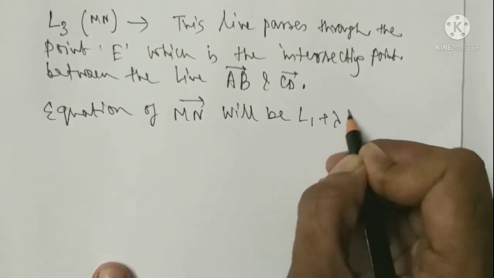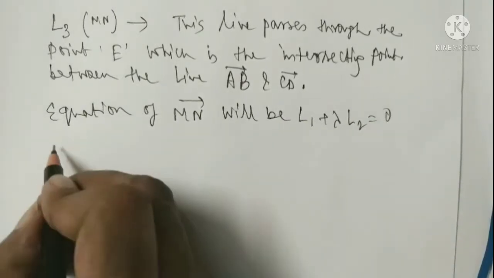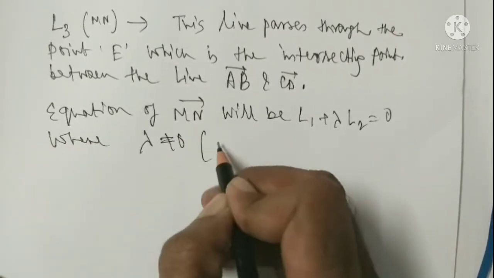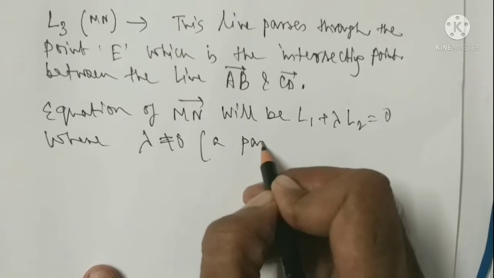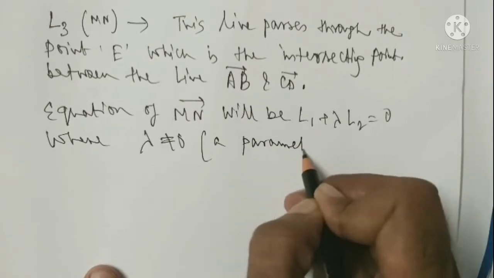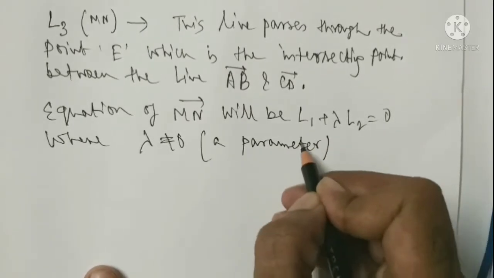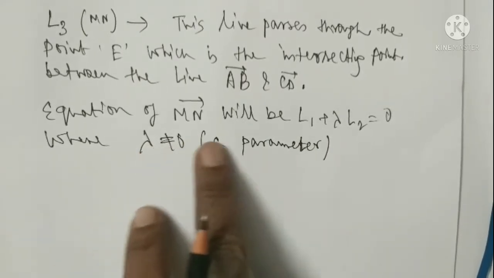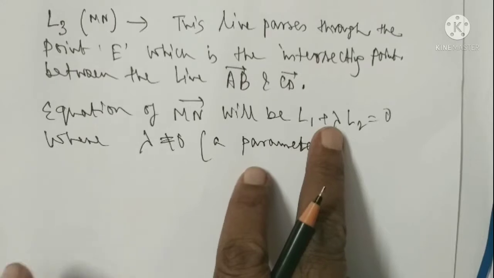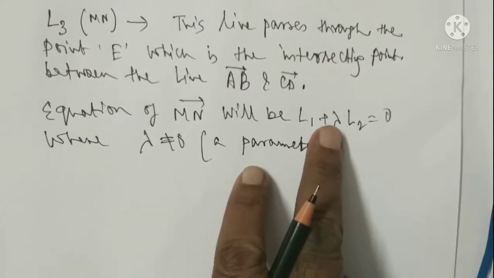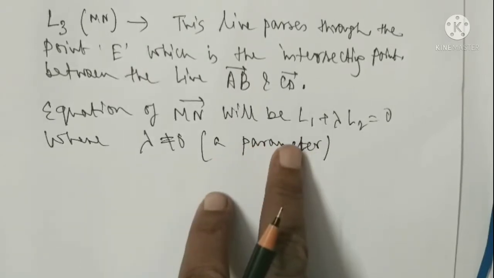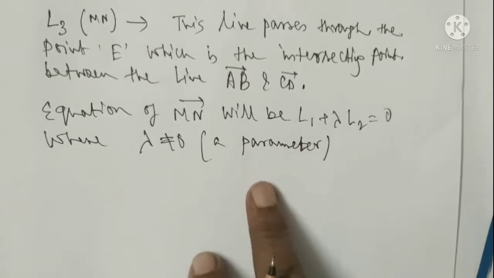L1 plus lambda L2 equals to 0, where lambda not equal to 0 and a parameter. Parameter means lambda is behaving here as constant for this problem, and for another problem lambda may be changed. This is parameter. This is not always constant value. This may be changed.